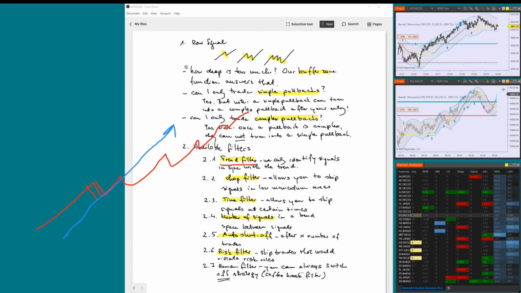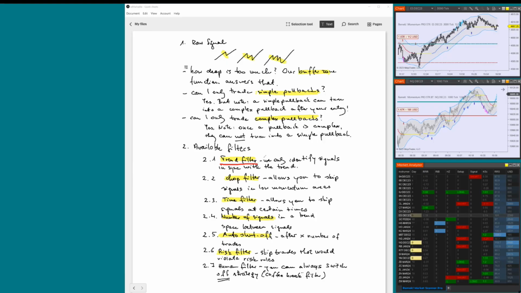So if the trend goes this way, I'm not interested in consolidation areas in the other direction. So I only want consolidation areas which are in sync with the trend, which is defined by the software. And that's what we call a trend filter.